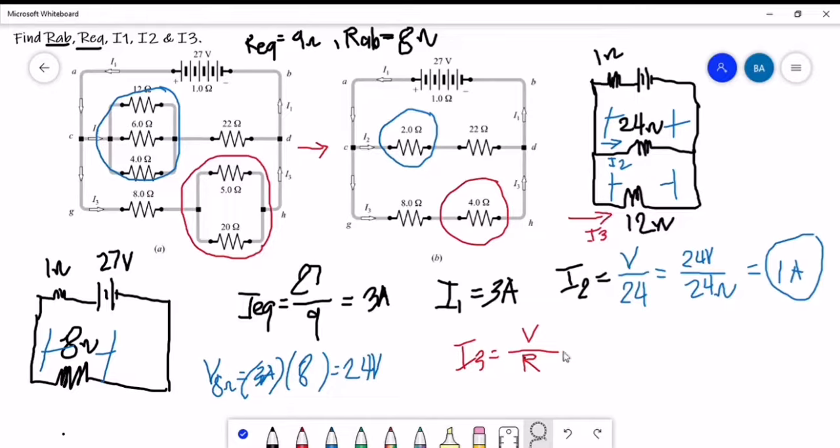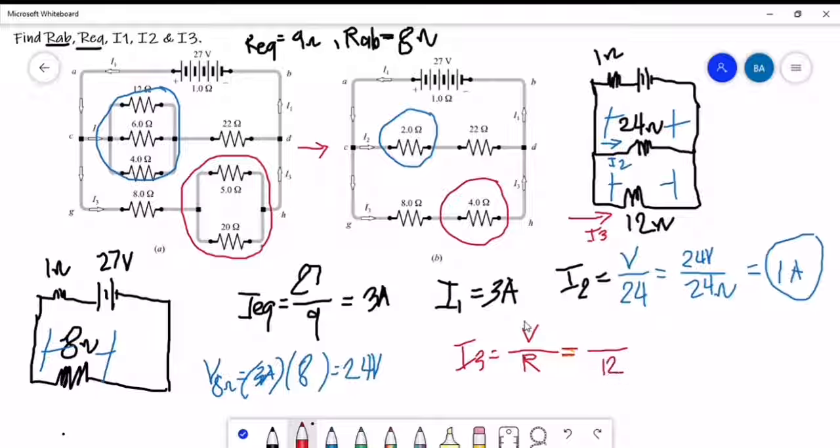The resistance that we will be using, since the current flows in our 12 ohms, so again just combine this first so you can get the accurate current that will flow here. So the resistance here is 12 ohms.